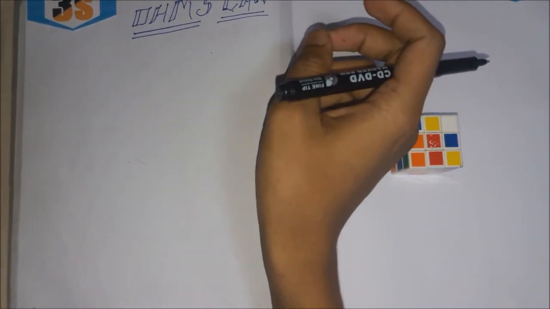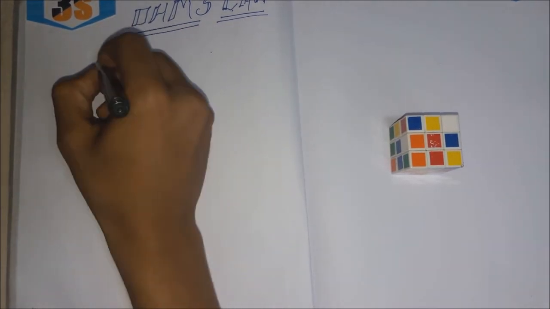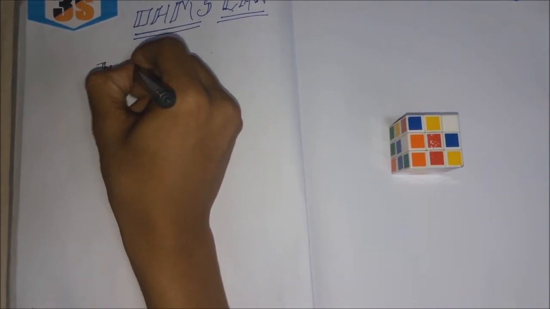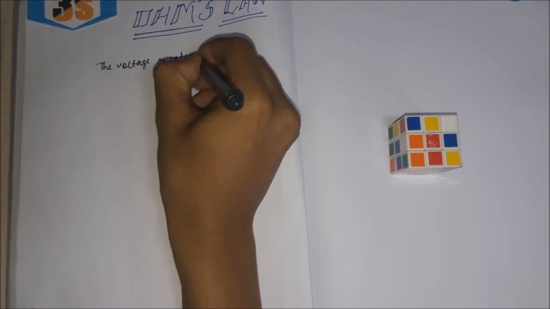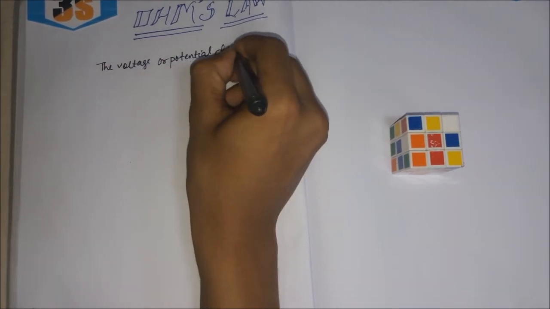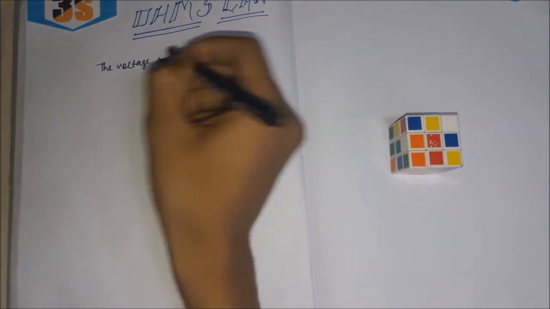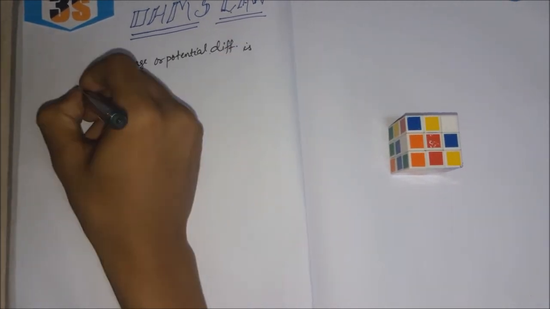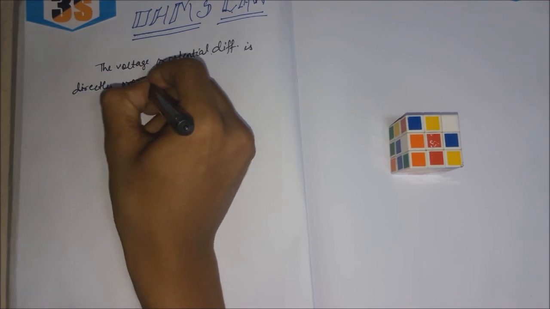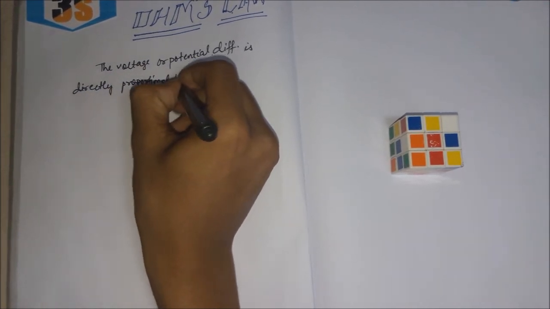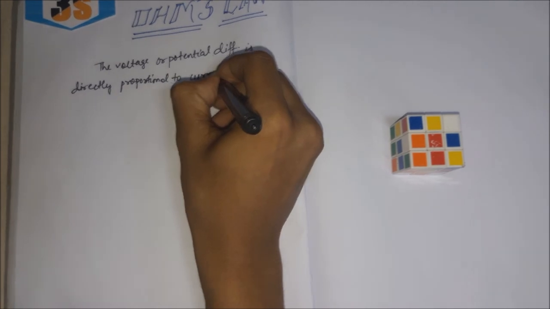What is Ohm's law? According to Ohm's law, in any circuit, the voltage or the potential difference across any resistance or any appliance is directly proportional to the current flowing through the circuit or the appliance.